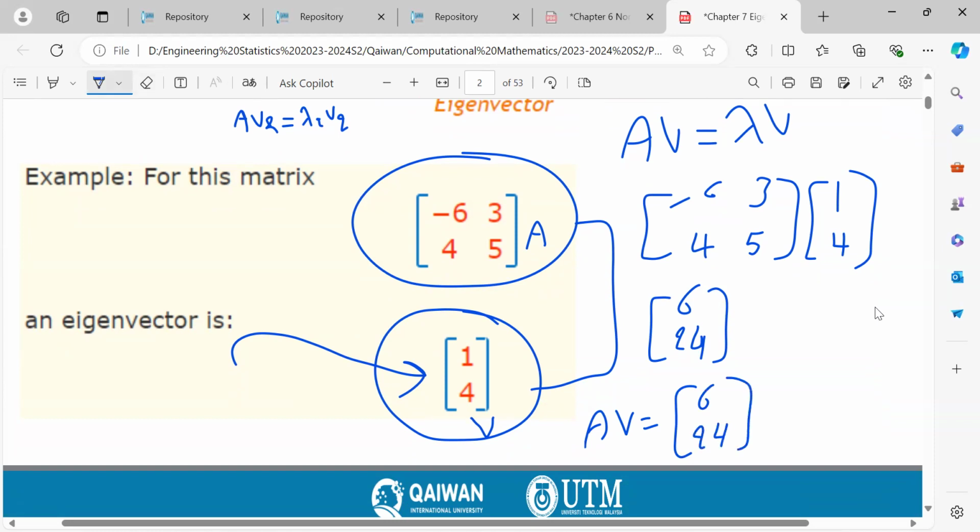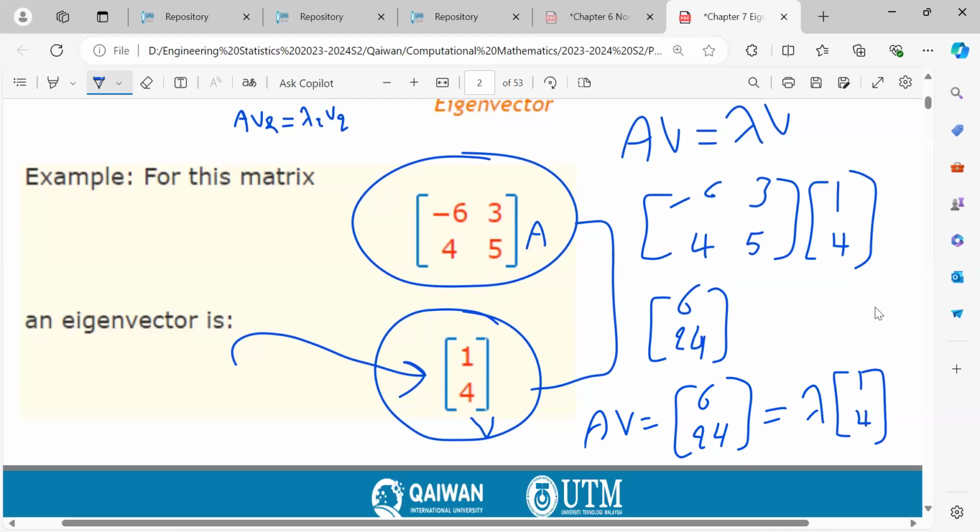In the above rule, we said it equals lambda times V. What's V? V is given as (1, 4). Let's replace V by the vector.